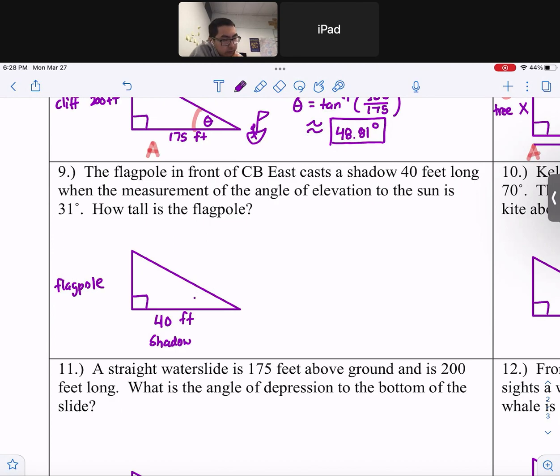Again, angle of elevation is created with the ground, right? 31 degrees. How tall is this flagpole? From the perspective of this angle, opposite, adjacent, tan 31 equals opposite over adjacent. Cross multiply, x equals 40 tan 31.